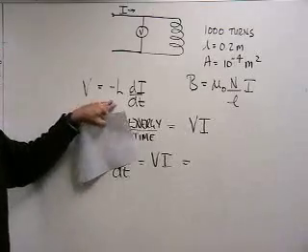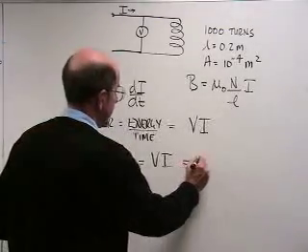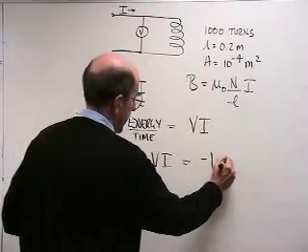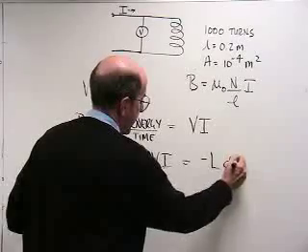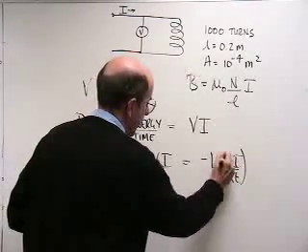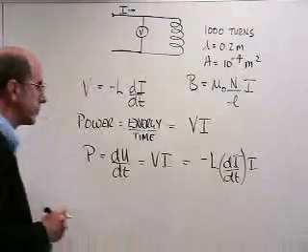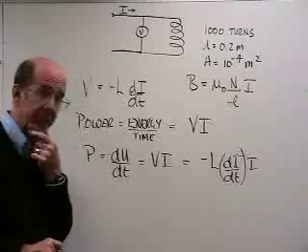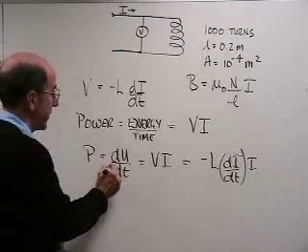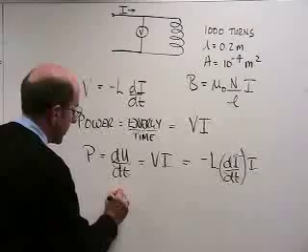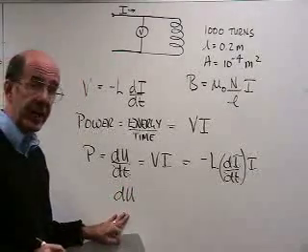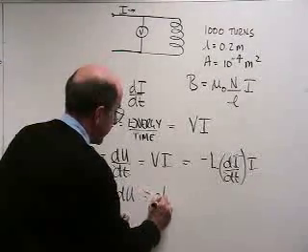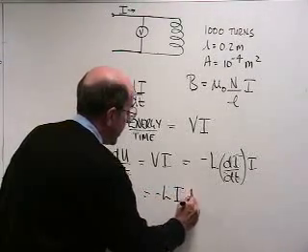And if V is equal to minus L di/dt, that's equal to minus L times di/dt times I. Okay, if I then commit a math sin, I'm going to cancel out the dt's, and I get that dU, the amount of energy that's added to that magnetic field in the coil, is equal to minus L I di.